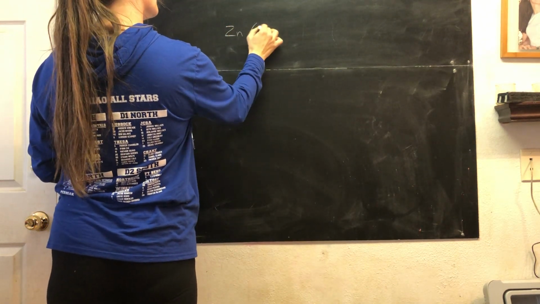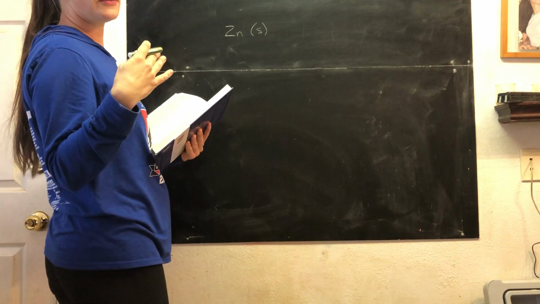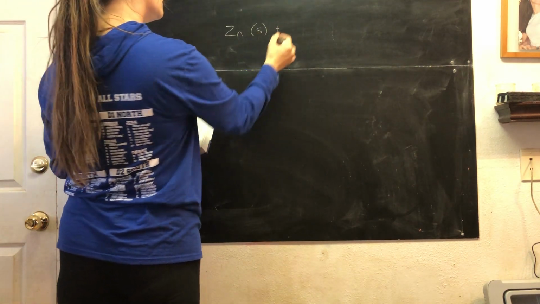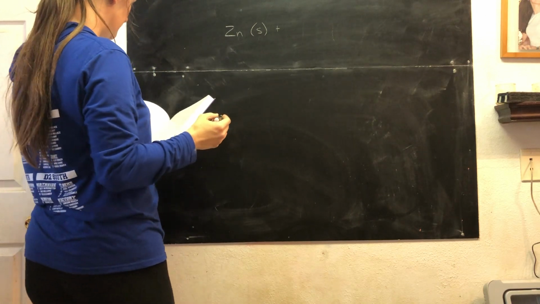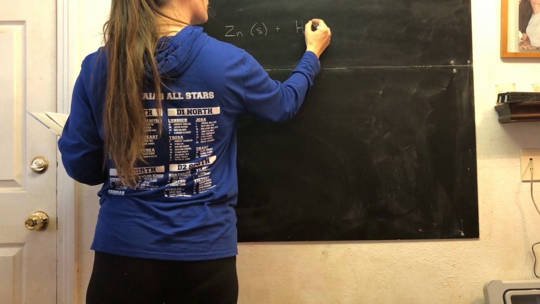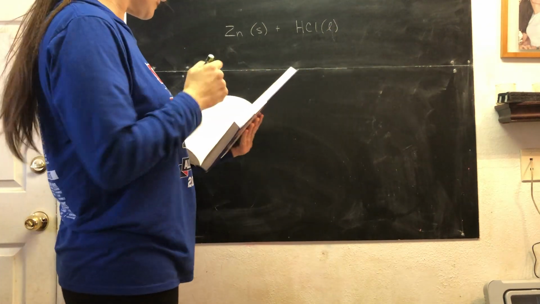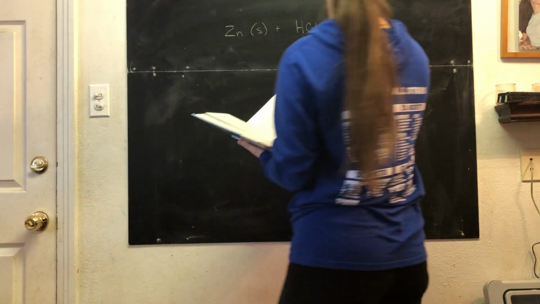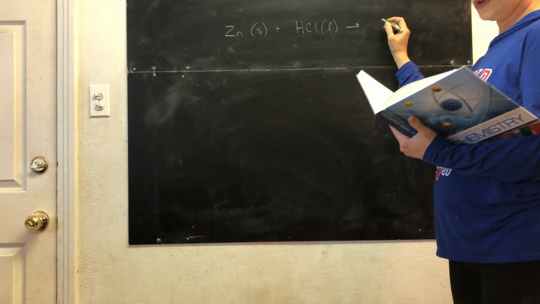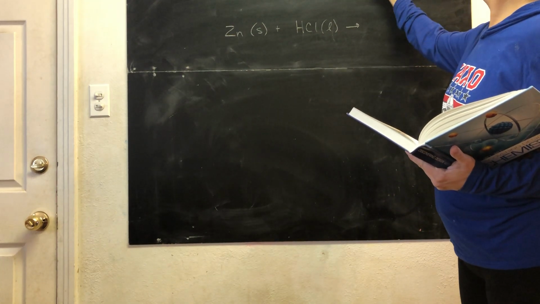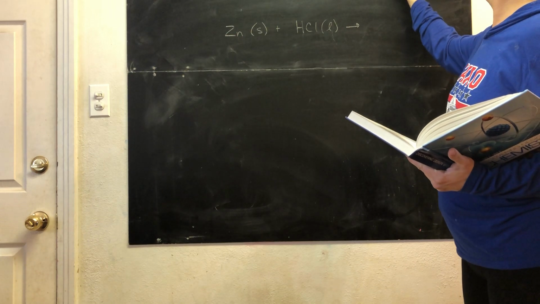So zinc, whenever it specifies whether it's a gas, liquid, or solid, you need to put that in parentheses. So solid zinc reacts with liquid hydrogen monochloride or hydrochloric acid to make solid zinc 2 chloride. So it says zinc 2 chloride.